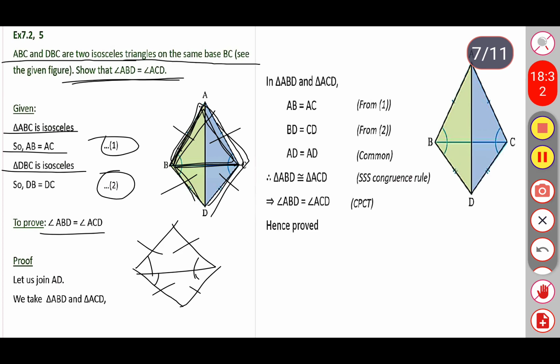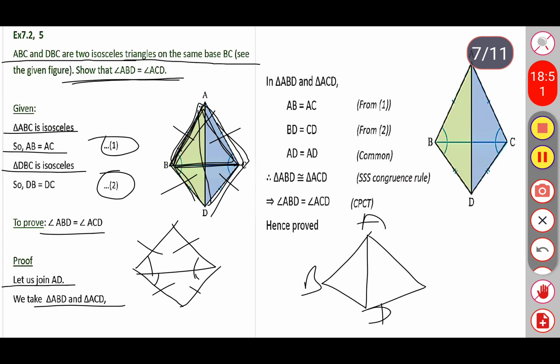Otherwise, we have one more way. Let's join AD. So by joining AD, we get two triangles, ABD and ACD, right?